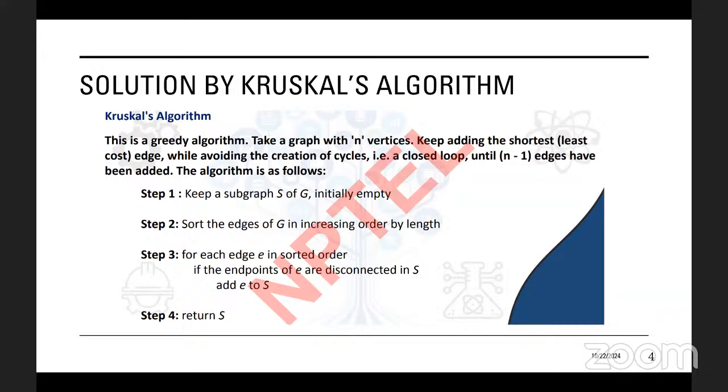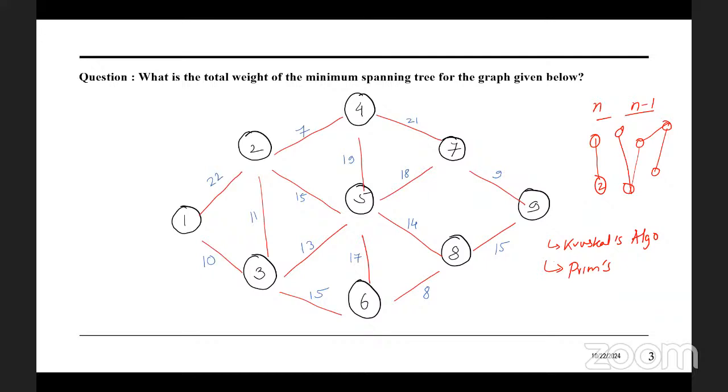For this graph, if you see, there are nine nodes, so we will require 9 minus 1, that is 8 edges. Once we reach 8 edges, we stop this algorithm and we find our solution. So for this question, what is the total minimum weight?